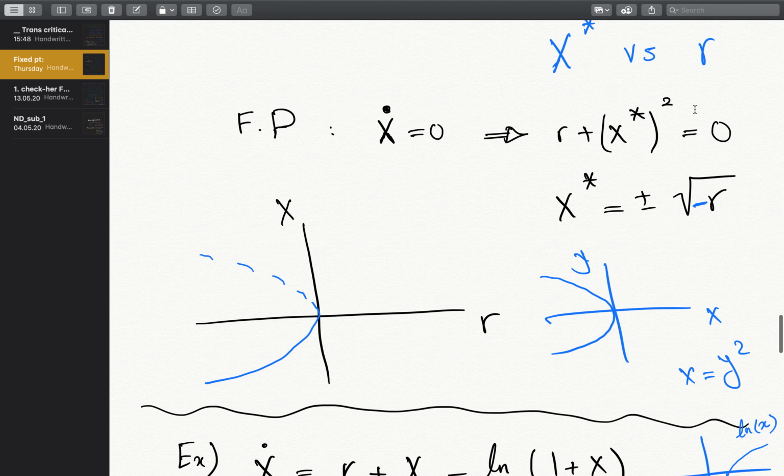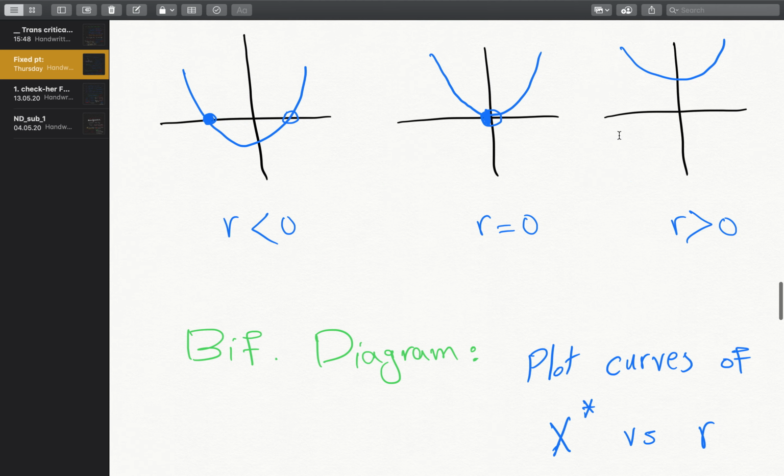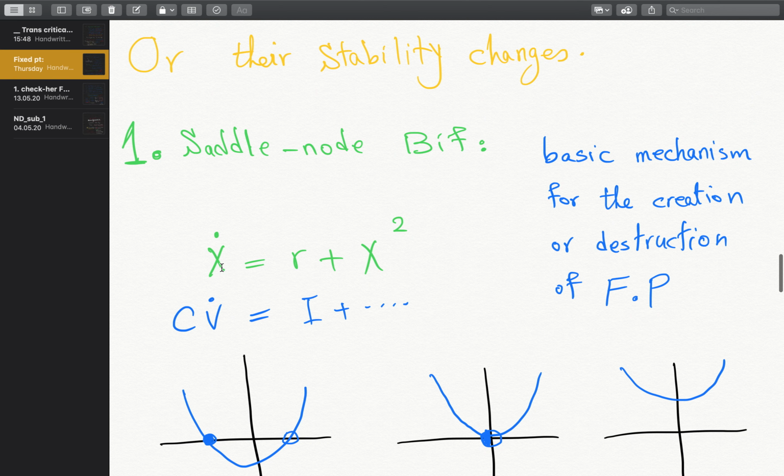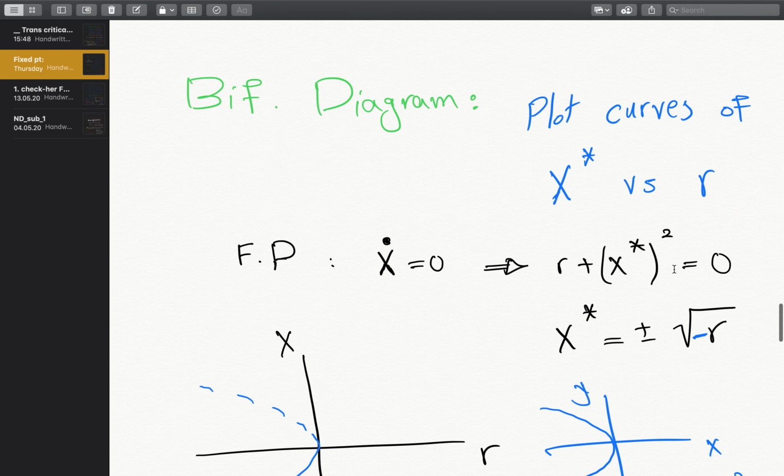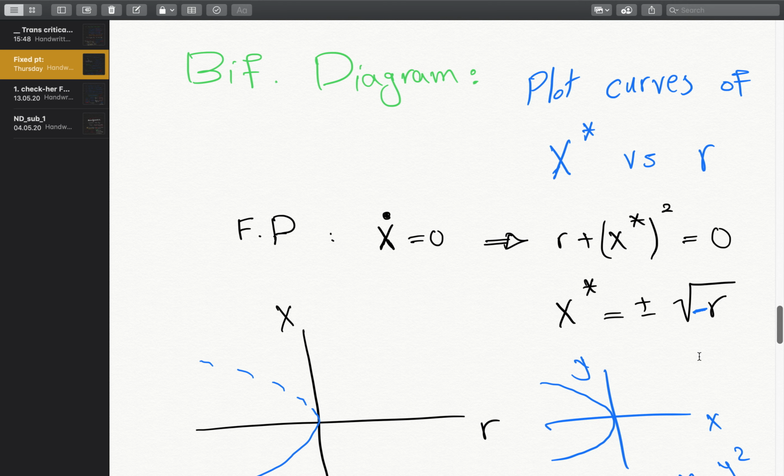And this is coming from the normal form. So the normal form is this, right? x dot is equal to r plus x squared. So at a fixed point, x dot is equal to 0. Therefore, r plus x star squared is equal to 0. Therefore, x star is equal to plus and minus the square root of minus r, which depends on the value of r.